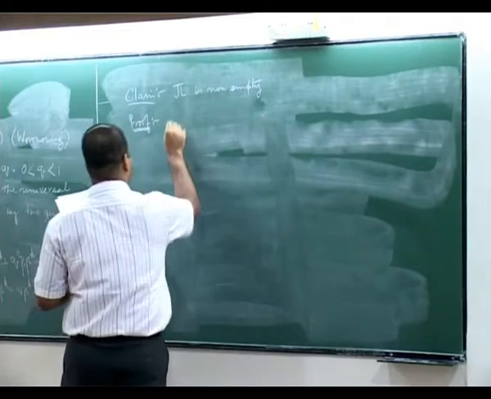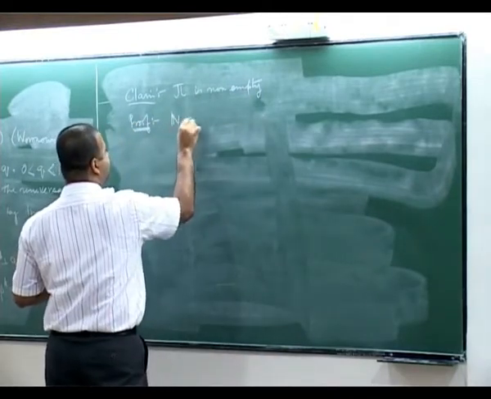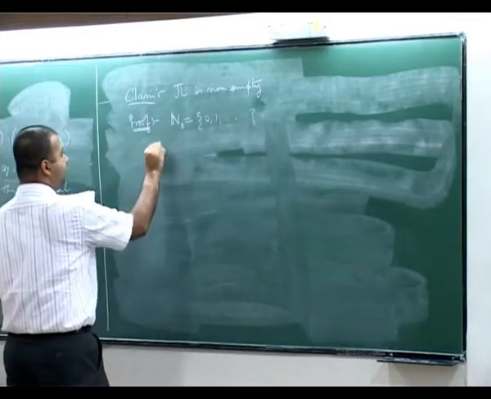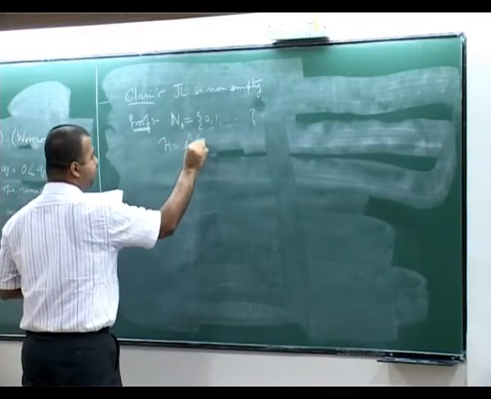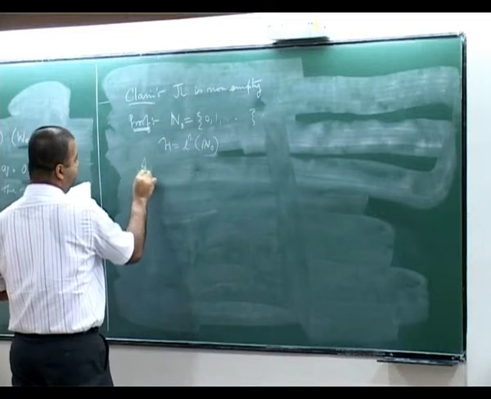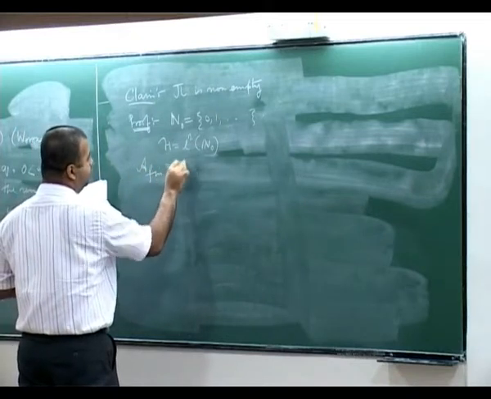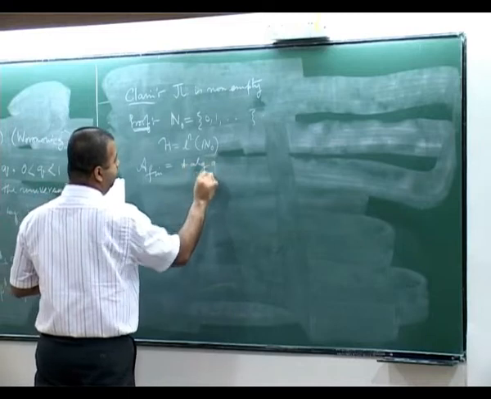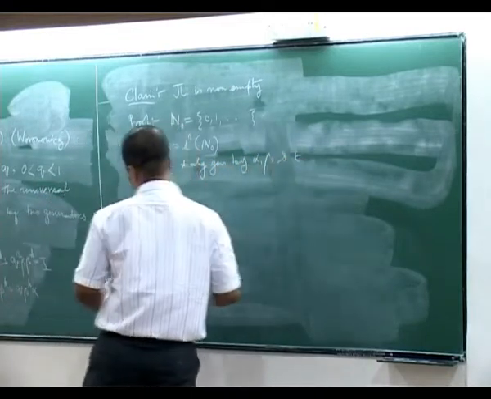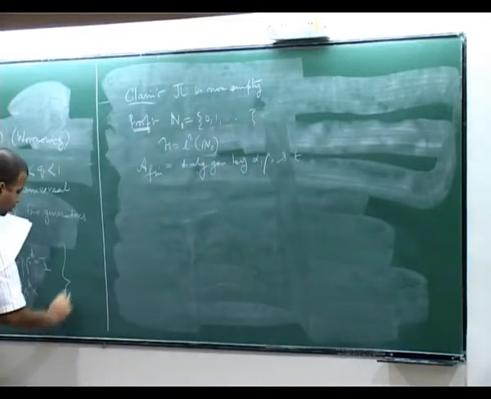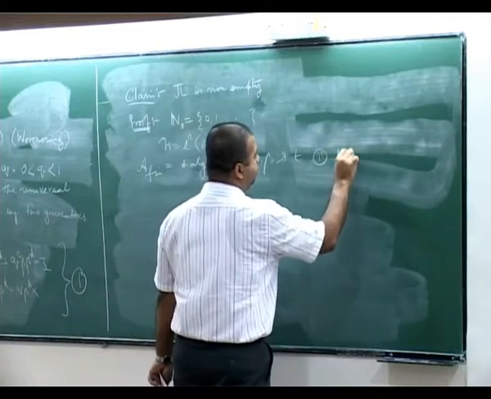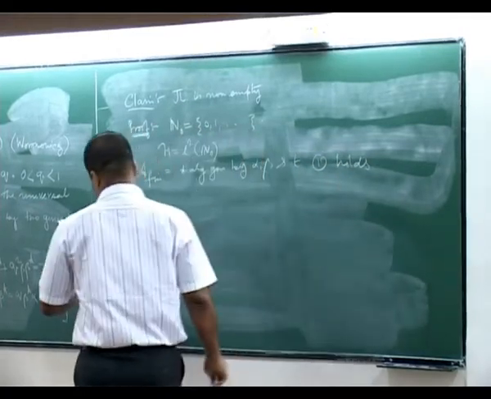So we take n naught to be this set and our Hilbert space to be small n2. Then this holds.